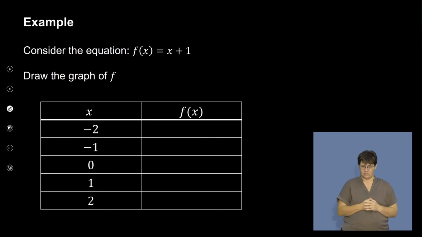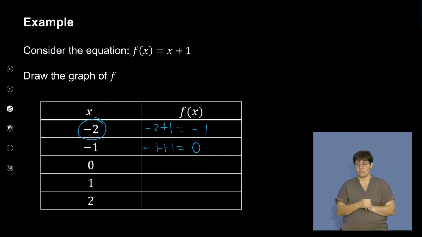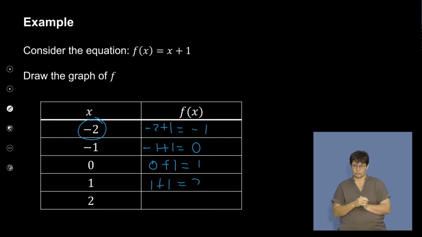Now, whenever x is -2, it means this will be -2 plus 1, which will give me -1, right? So you do know that. And whenever x is -1, it will be -1 plus 1, which equals 0. When x is 0, it will be 0 plus 1, which equals 1. When x is 1, it will be 1 plus 1, which equals 2. And lastly, it will be 2 plus 1, which equals 3.